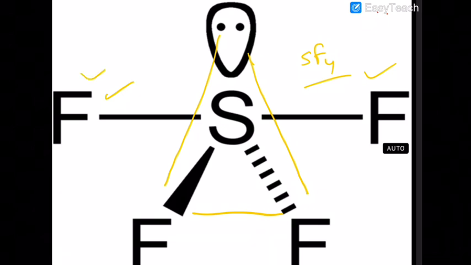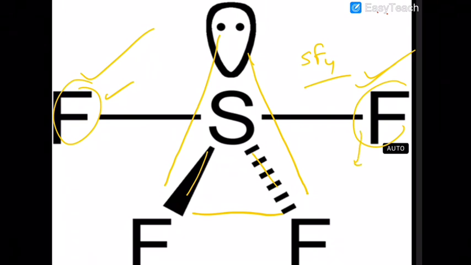It looks like iron rods, and that is you and that is your brother, both sitting on the bench of a seesaw. If you go down, your brother will go up, and if your brother goes down, you will go up. Like that a seesaw happens. So SF4 has a structure similar to a seesaw. You may have seen a seesaw in a nearby park of your house.